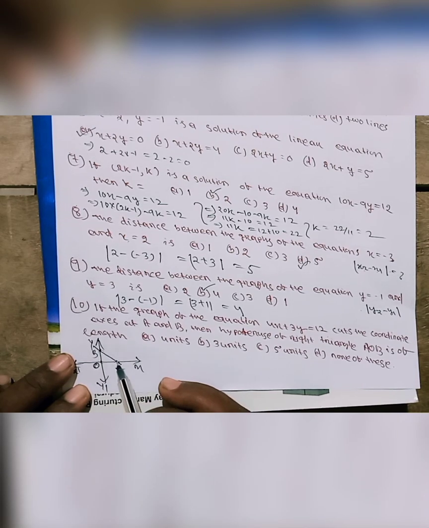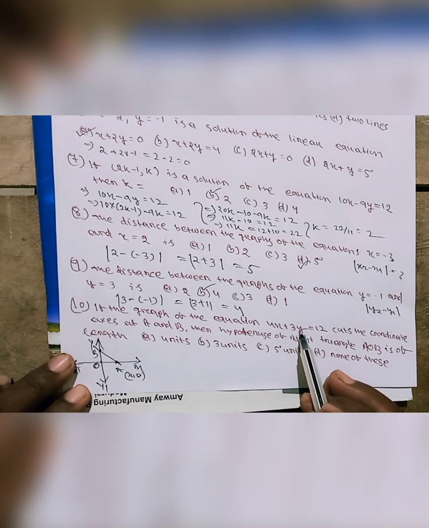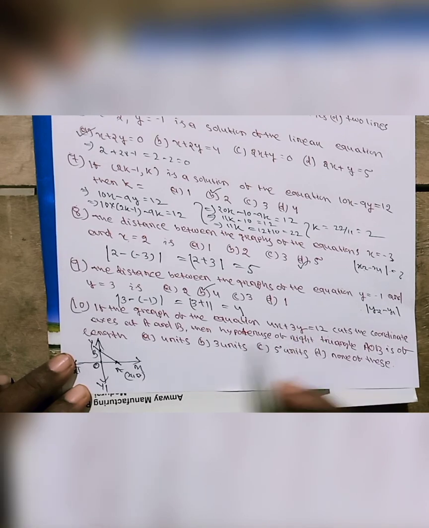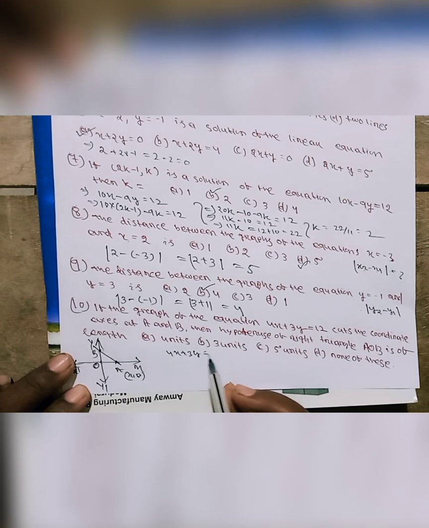The graph cuts the x axis at A. That means the coordinate of point A is x, 0, where the y value, the ordinate, is 0. So put the y value 0 in the given equation 4x plus 3y equals 12.